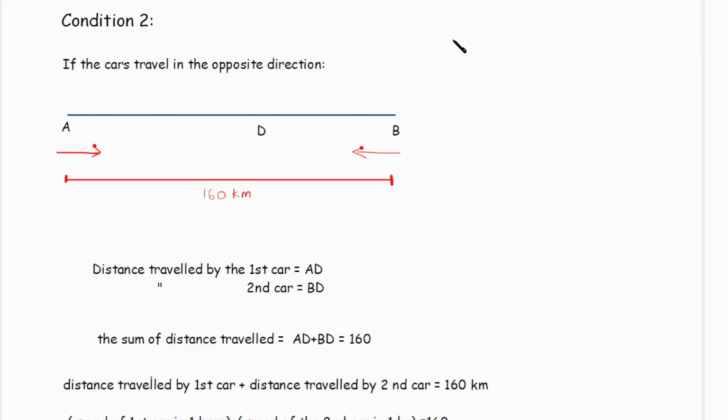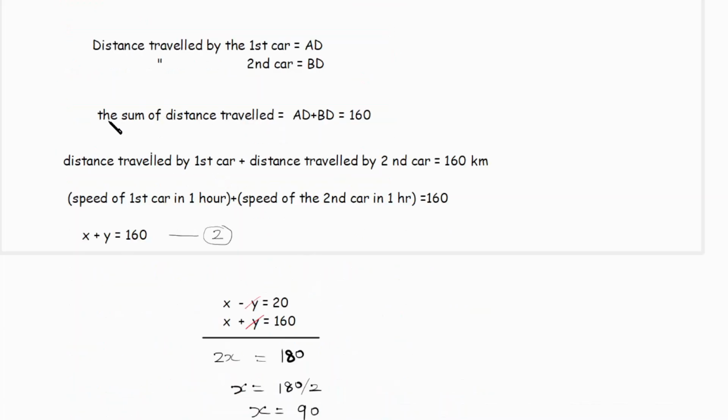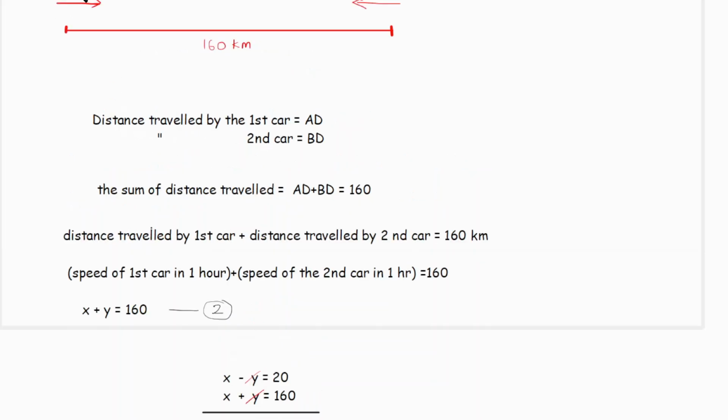So in this second condition, the distance traveled by the first car is AD, because the first car starts from place A and reaches the point D. The distance traveled by the second car is BD. So the total distance traveled by the cars is AD plus BD, and the total distance is 160 kilometers.